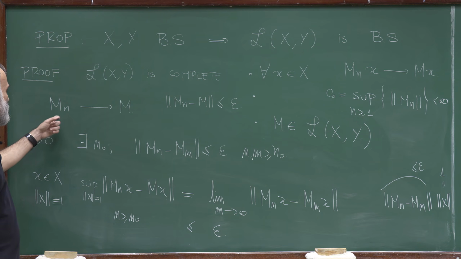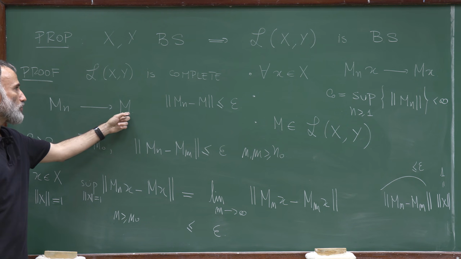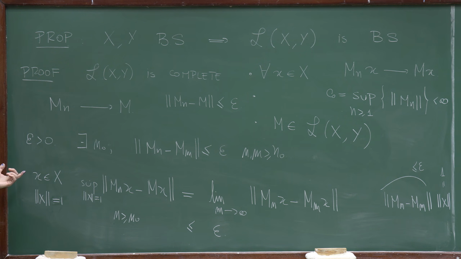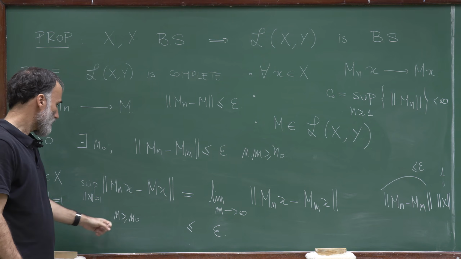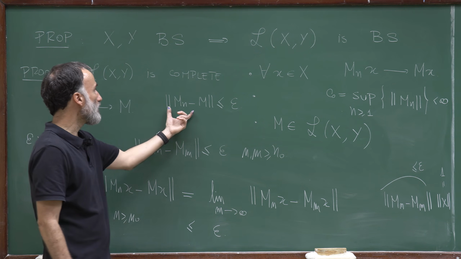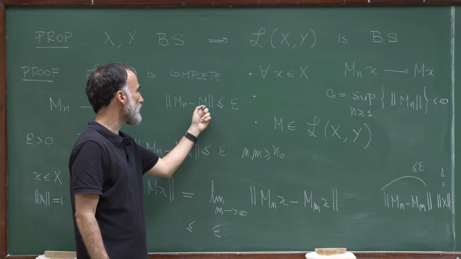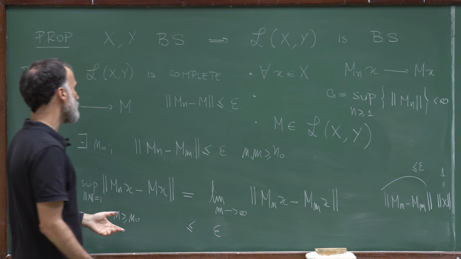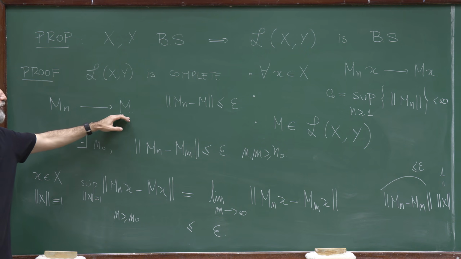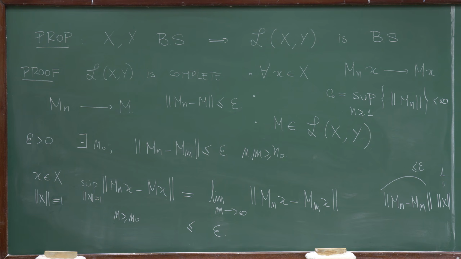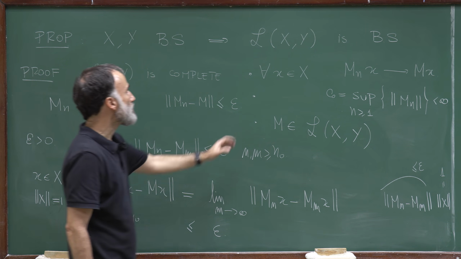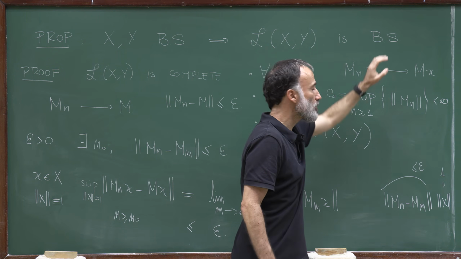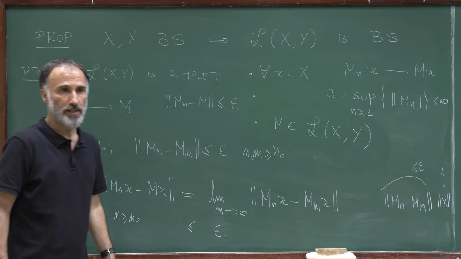And this is exactly saying that Mn converges to M, right? Because for any epsilon, I proved that I could find N0 such that if n is larger than N0, then the norm of Mn minus M is bounded by epsilon, which means that Mn is converging to M, and this completes the proof that this normed linear space is complete, therefore it is a Banach space.